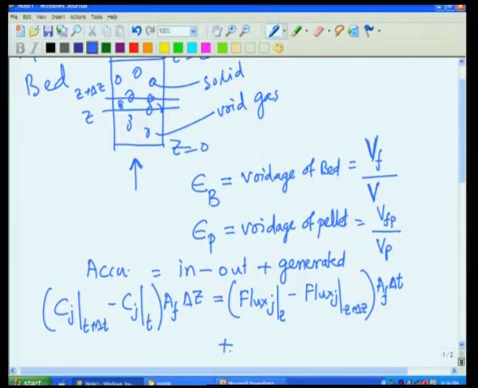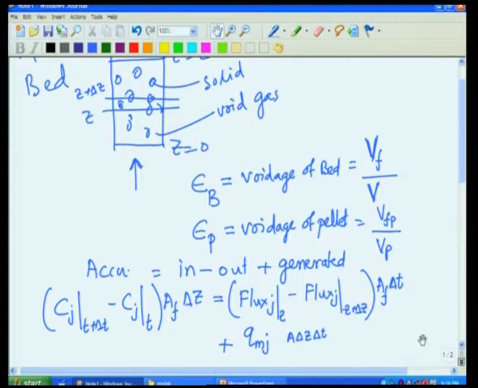Generation, if you recall, we typically denote per unit volume of the reactor. So, the volume of the reactor is A delta Z, where A is the cross section area, in time t, and for the time being I am just going to put Qmj as the rate of generation of this species J. Now, you may wonder what this Qmj is.